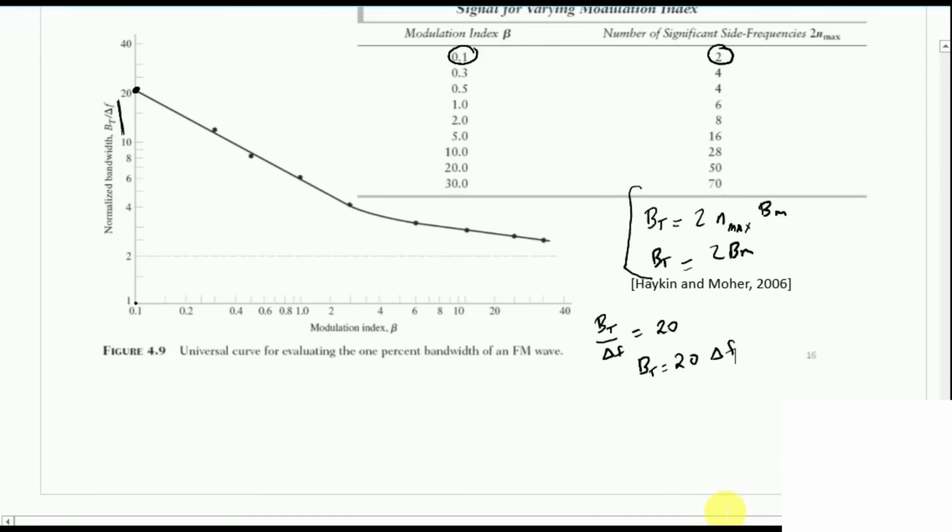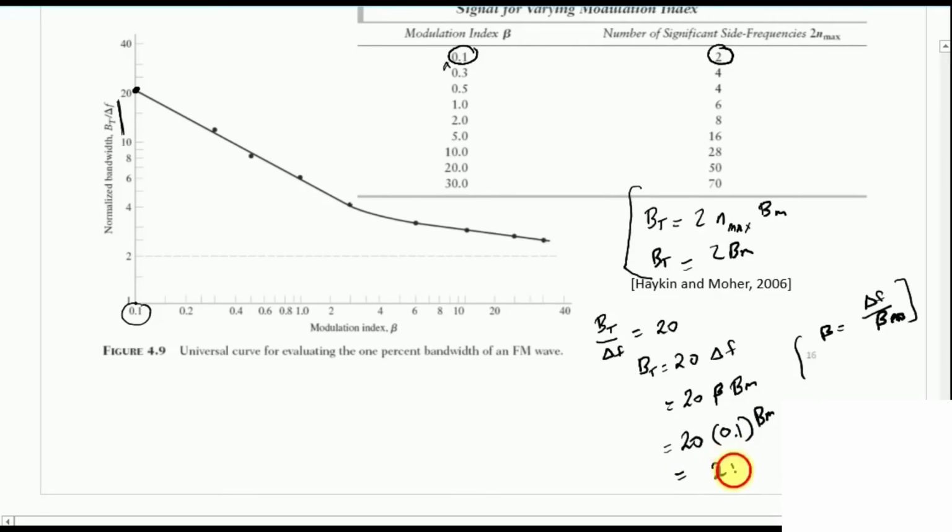Remember, delta f is simply the deviation in frequency, so this is 20 times beta times the bandwidth of the message signal, where beta is equal to delta f by BM, right? So we have 20 times 0.1 times BM, and hence this is equal to simply 2 BM.